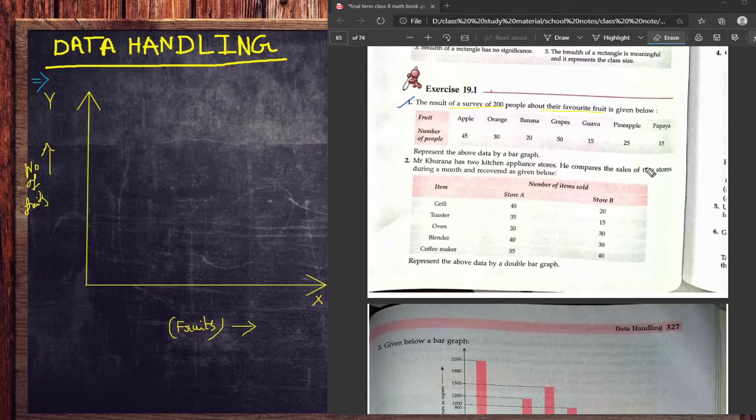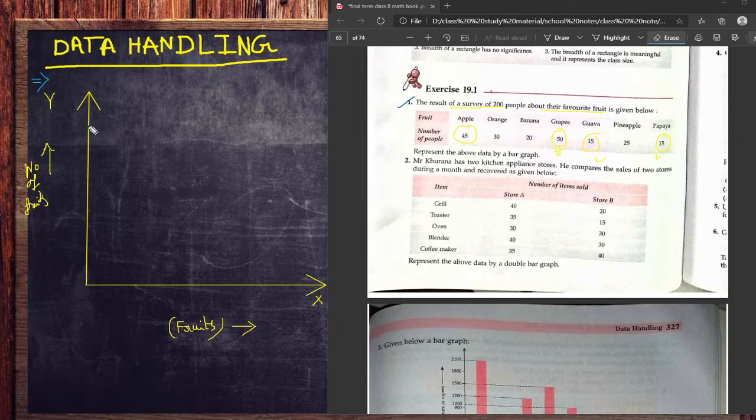For making that scale, we have to check which is the lowest value and which is the highest value. As you can see, 15 is the lowest value and the highest value is 45. Sorry, 50 is also there, so the highest value is 50. We can start from 0 and go up to 50 and also more than 50, so up to 60 you can take for a better graph.